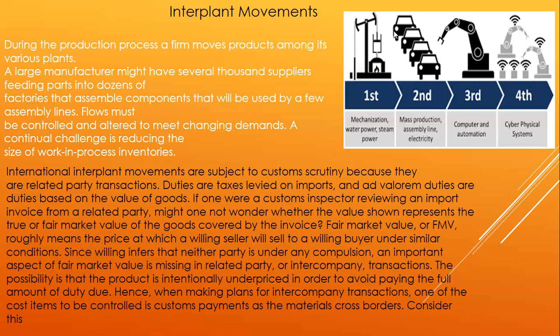Finally, if you are transferring your product or machinery from one unit to another unit within the same company, and the company is an MNC with one unit located in another country and another located in India, and you want to move the product from Europe to India, this is interplant movement.